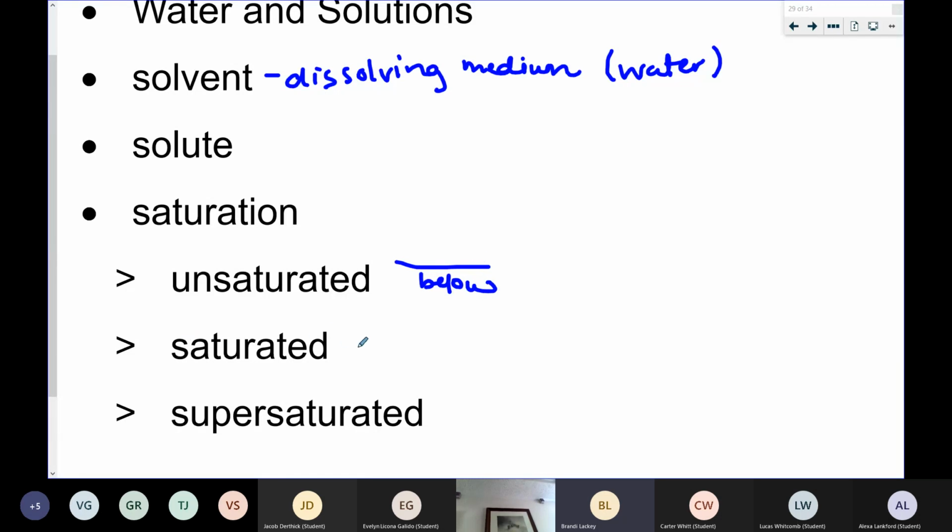If a solution is saturated, that means it's dissolved all it should be able to. That means it's going to be on the line for that particular substance. And then supersaturated, remember, means that we heated it, made it dissolve more than it should be able to. So it will crystallize whenever cooled. So this will be above the line on those solubility curves.